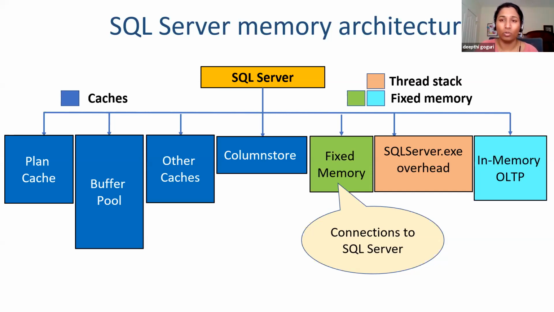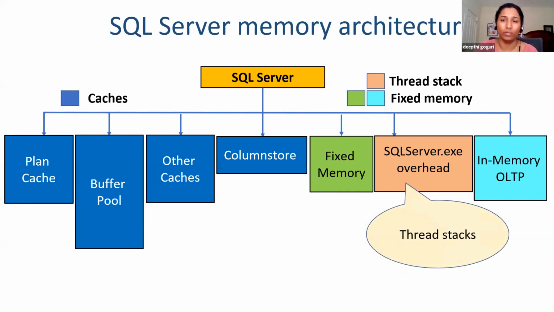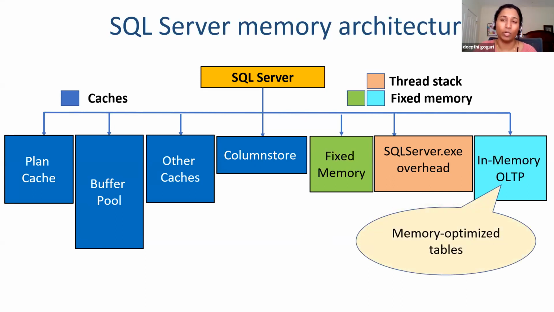Let's go ahead and talk about SQL Server.exe overhead memory. As you know, SQL Server.exe is an executable and many things will be running in this executable, for example the thread stacks. Even this comes under the memory architecture components. Now there is another component known as in-memory OLTP. In-memory OLTP is also fixed memory.